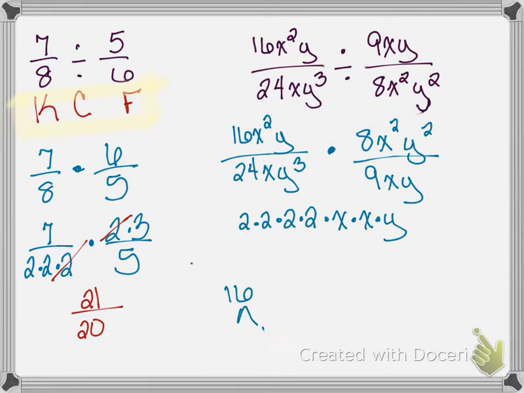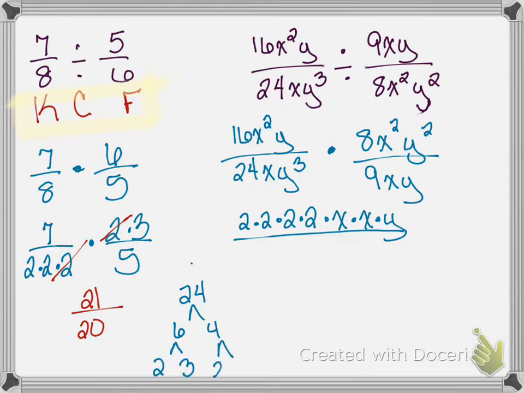Now, 24. You may need to do the prime factorization of 24. Okay, 24 breaks down to 6 times 4, 2 times 3, 2 times 2. How many y's do I have? 3. So I have y times y times y.